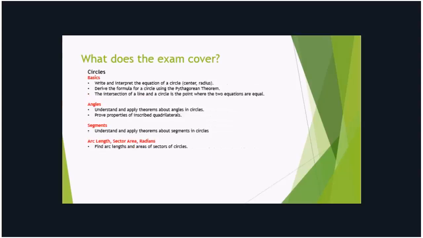The next topic that's covered is circles. Circles, again, is broken down into segments. You have your basic understanding of circles, that includes the parts of the circle, angles within a circle, segments, and then you have your arc length, sector areas, and radians.